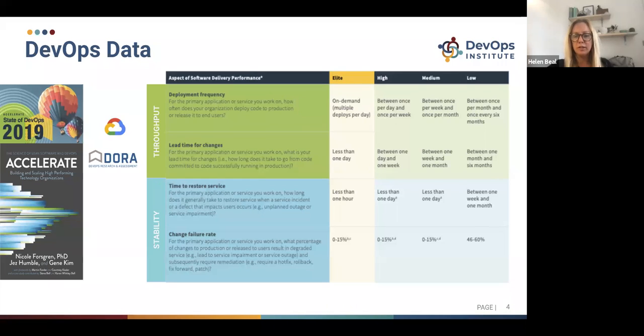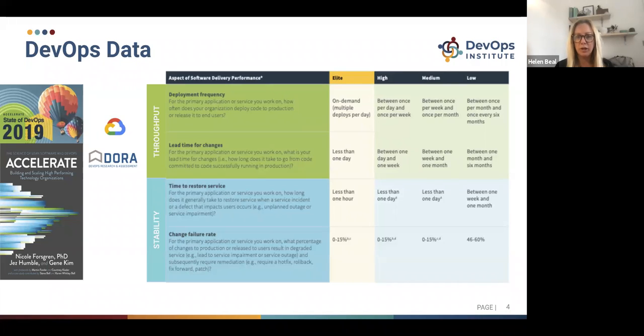So our green metrics are deployment frequency and lead time for changes. And what you can see here on the table is that different performers, so organizations that have higher performance, i.e. meet their targets in terms of profitability and revenues and their goals, are more likely to deploy more frequently and have a shorter lead time for changes.